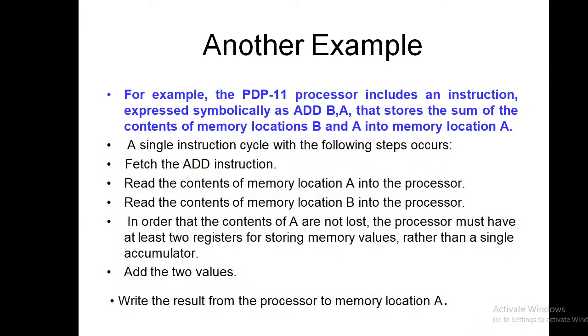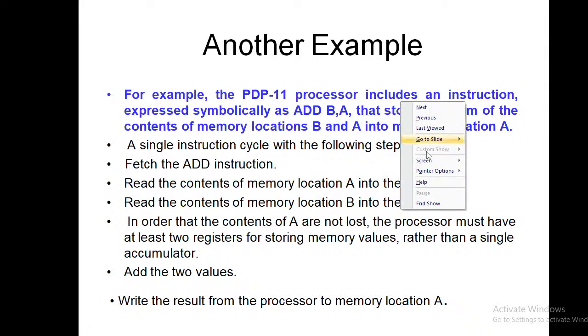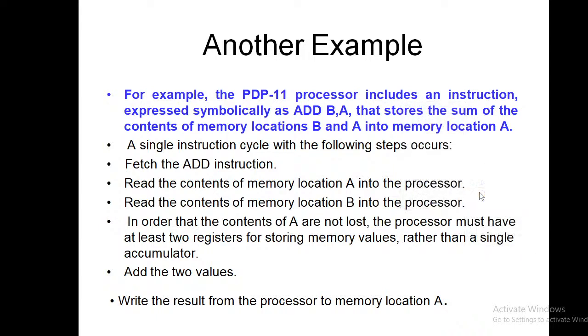Now you can see it here. There are various types of processors, like the PDP-11 processor. You have one instruction. The instruction is add B, A. What is the meaning of this instruction add B, A? As I have already told you previously in the class, when we write this type of instruction add B, A and all, what we are performing through this is adding two data.